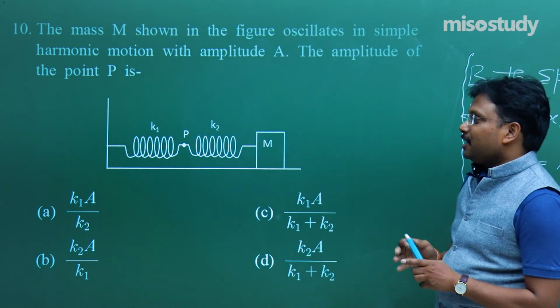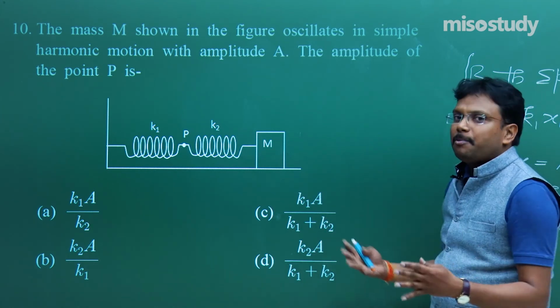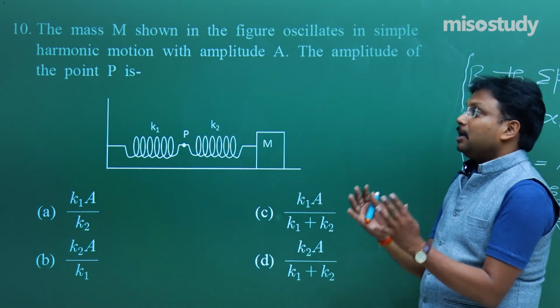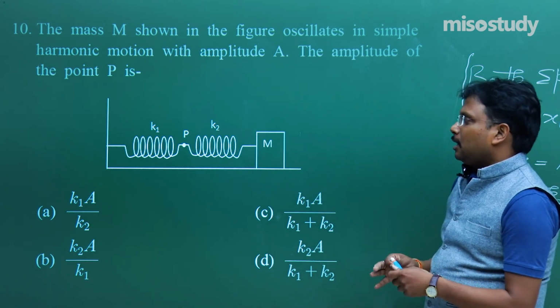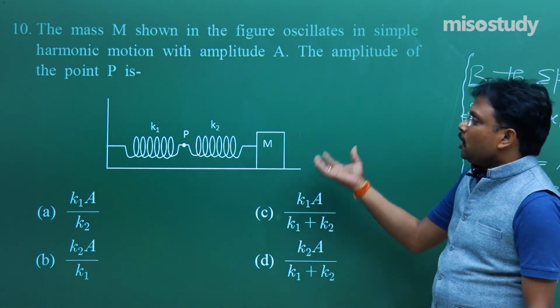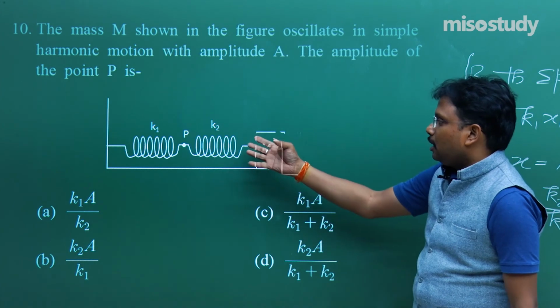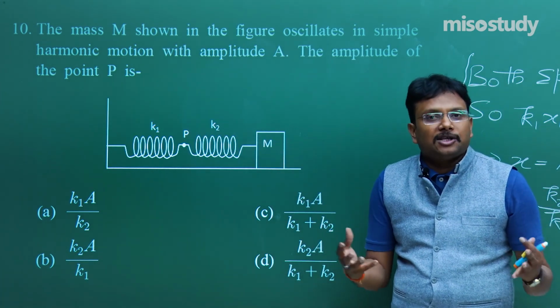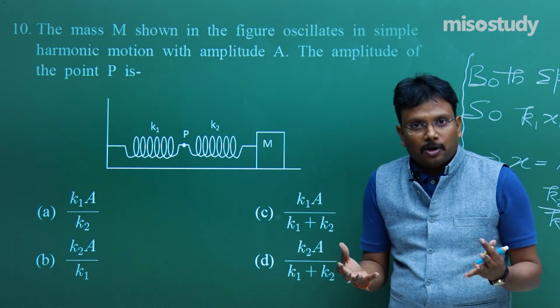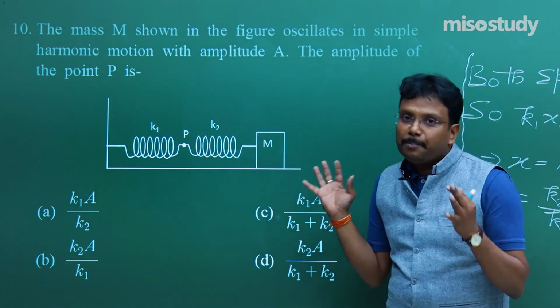My simple suggestion is, because there is limited time, I cannot discuss each and every type of problem, we have to discuss innovative types of problems. So you should try to pick up questions associated with this concept where different combinations of springs are possible, so that it may enhance your understanding of these problems.